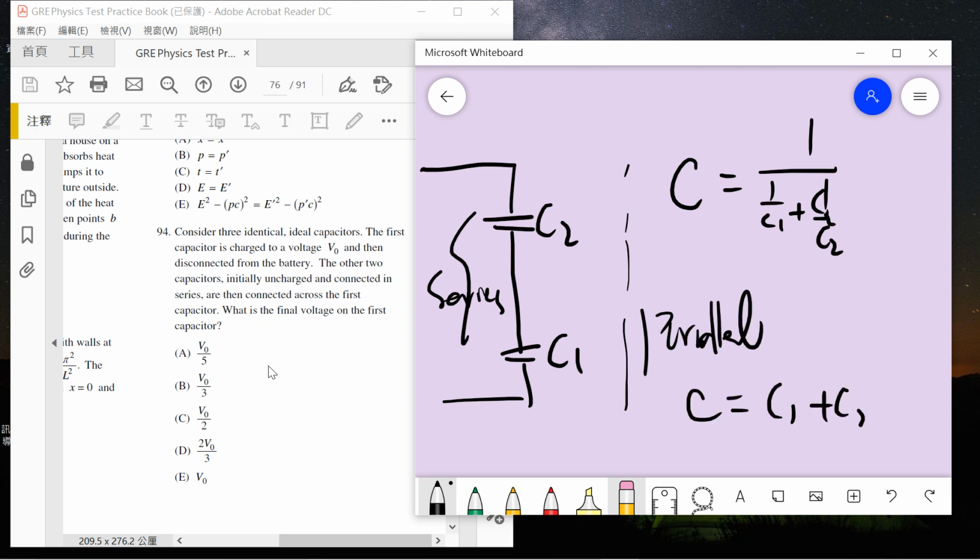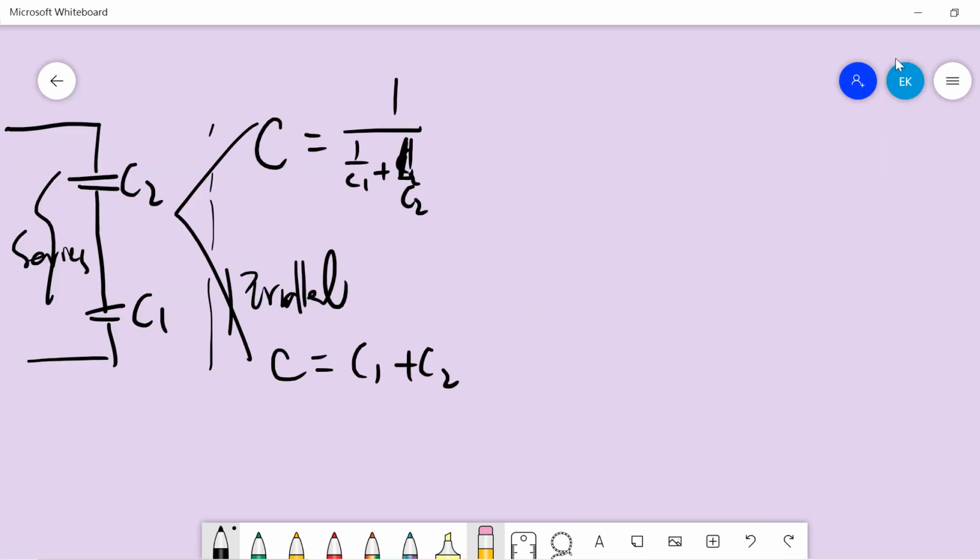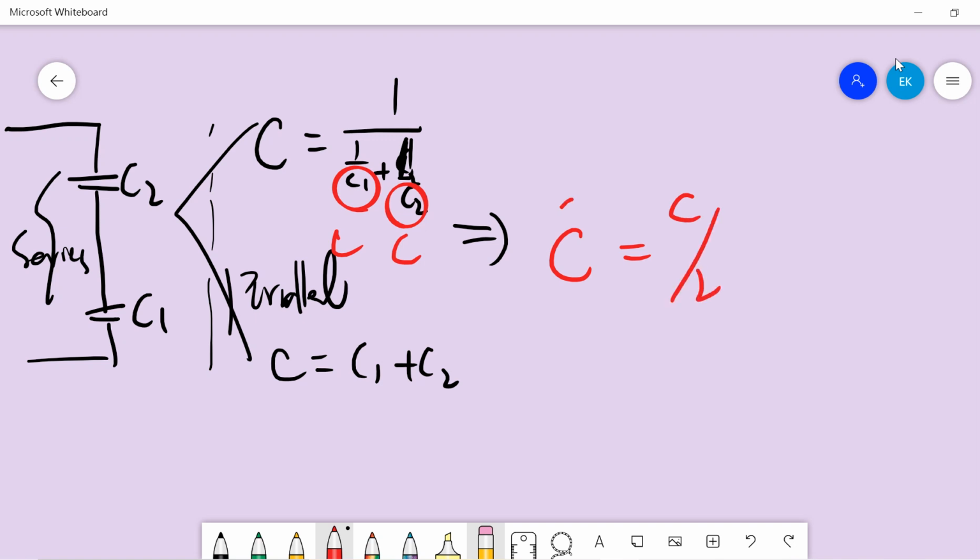These two relationships are the reverse of those for resistance. So in series, this one is C and this one is C, so the combination is C over 2, or C tilde. Basically, you have 2 C's, and after that it looks like a single capacitor of only C over 2.